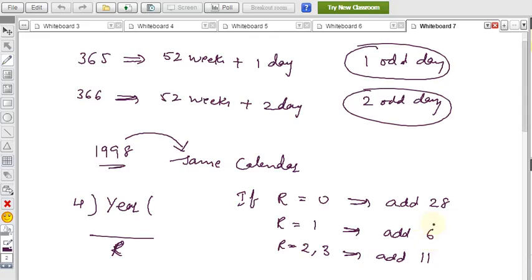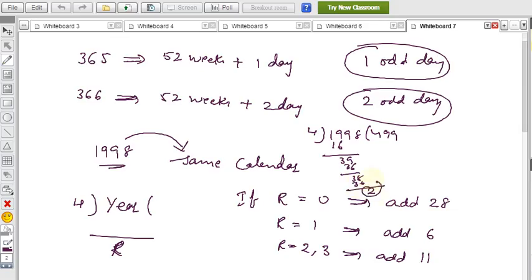Now 1998 is the given year. After which year will we see the same calendar again? So 1998 divided by 4: 4 9s are 36, 39, 4 9s are 36, 3, 8.